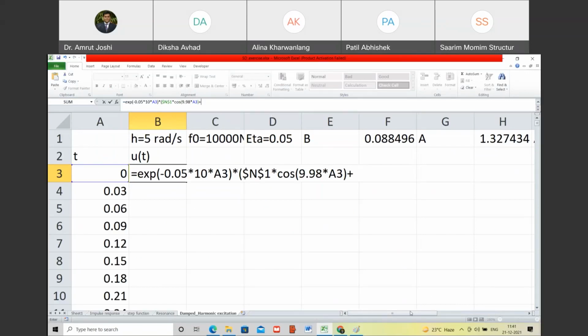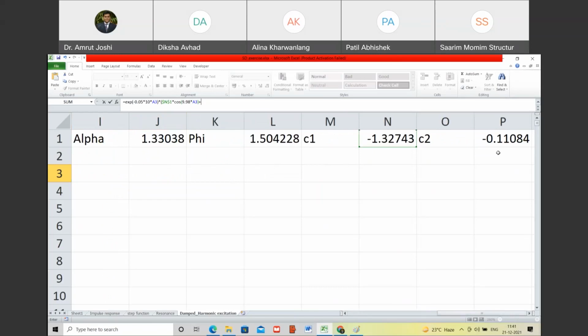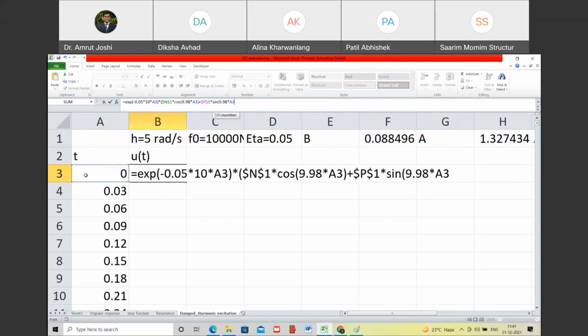What is the value of C2? C2 is this. Again here I will have to put dollars. C2 into sine of omega d, 9.98 into t. So this is the first term, the transient response.